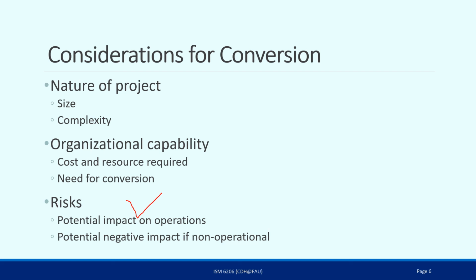So they're just hoping that everything will work on day one, so they don't have to worry about that. Unfortunately, in reality, hope is not real. So you always have to worry about the risk. You always have to worry about what has to be done. So please think through all these considerations when you pick the right conversion methodology.